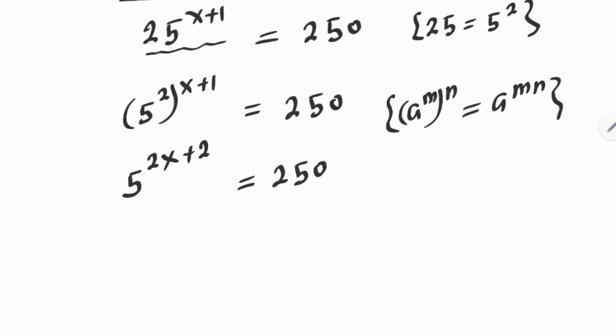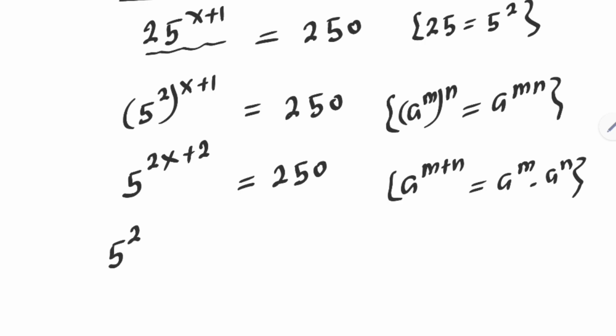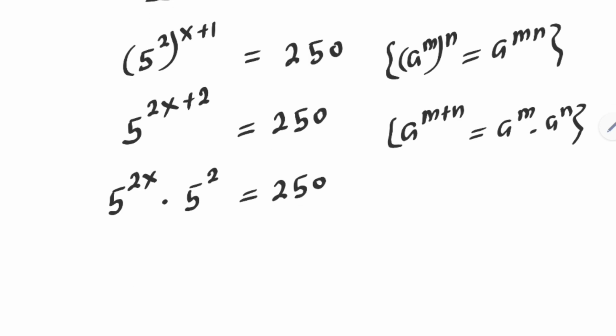This can be written as, if you have a raised to power m plus n, this is equal to a raised to power m multiplied by a raised to power n. Then here we have 5 raised to power 2x multiplied by 5 square is equal to 250. 250 is equal to 2 multiplied by 125.